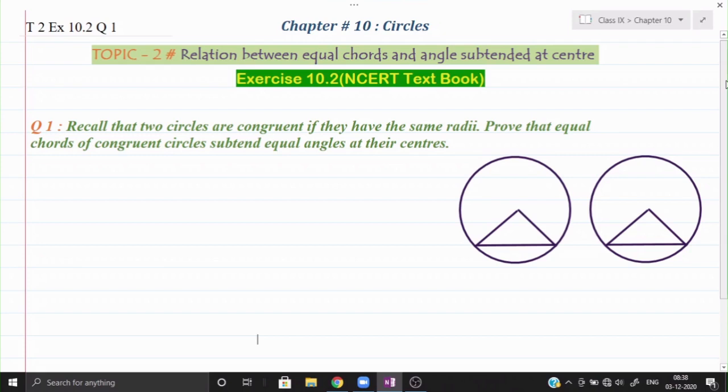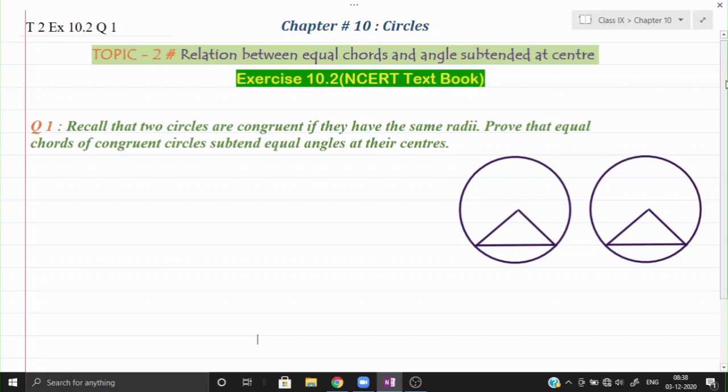Okay, but here we have given two chords on two different circles, but they are saying that both the circles are congruent circles, and for our help they have given one statement in the beginning. They are saying two circles are congruent if they have the same radii. Means two circles will be said to be congruent if the radii are the same.